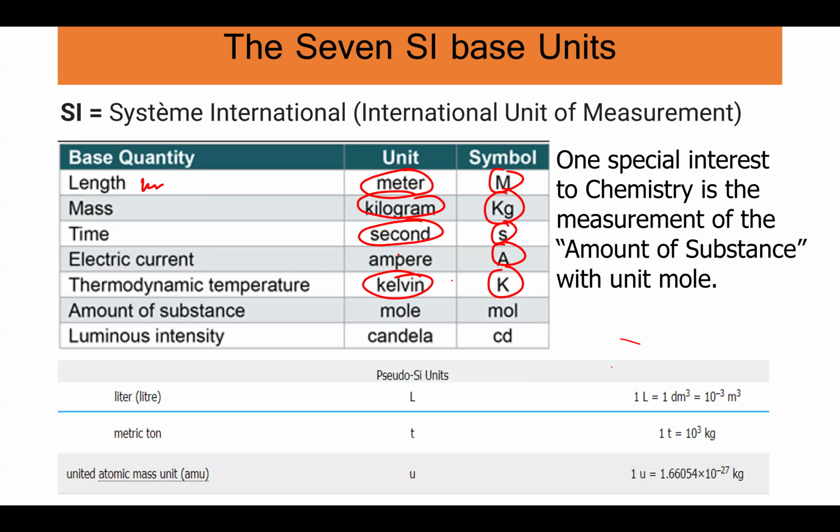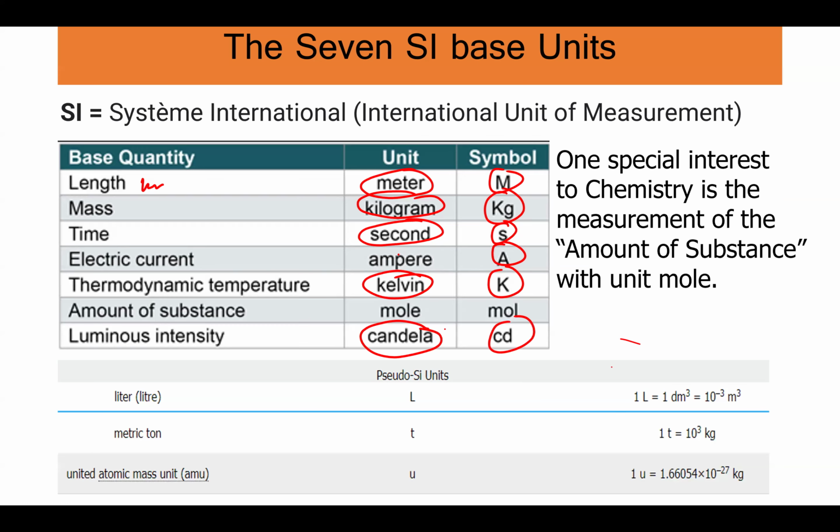Who knows what luminous intensity is? How bright it is? Yes, how bright it is. So for example, when you drive a car with low beam or high beam, that's different luminous intensity, and that intensity can be measured, and the unit to represent that intensity is candela or cd.